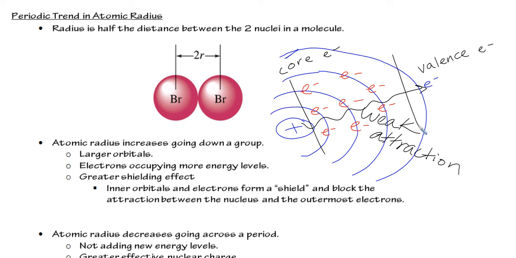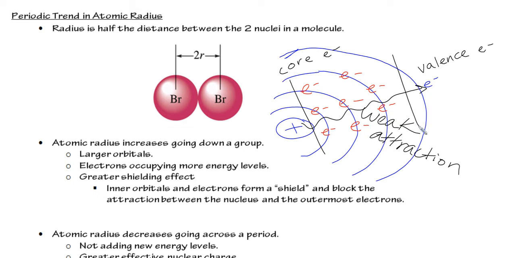So even these big atoms at the bottom of the periodic table are larger than what we might expect because of the shielding effect, where the inner orbitals and inner electrons form a shield, and they block the attraction between the nucleus and the outer valence electrons. So if you are ever asked, why is cesium a larger atom than lithium?